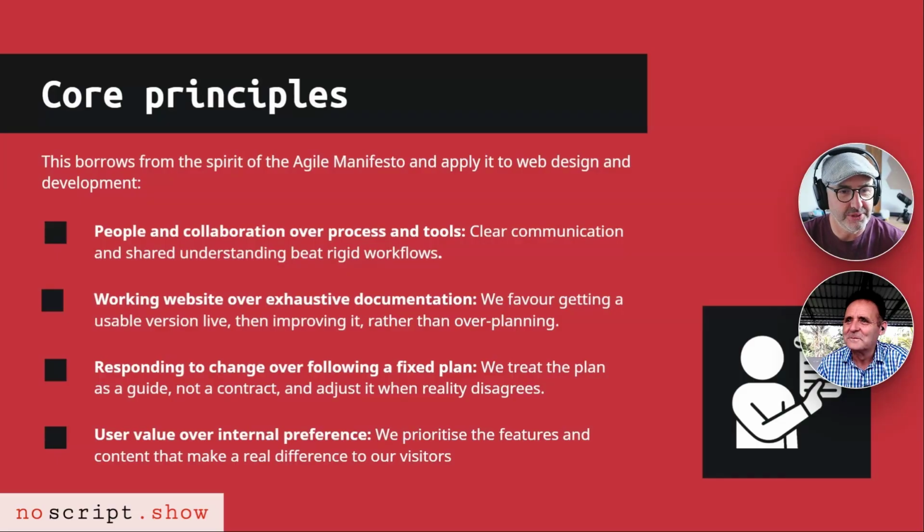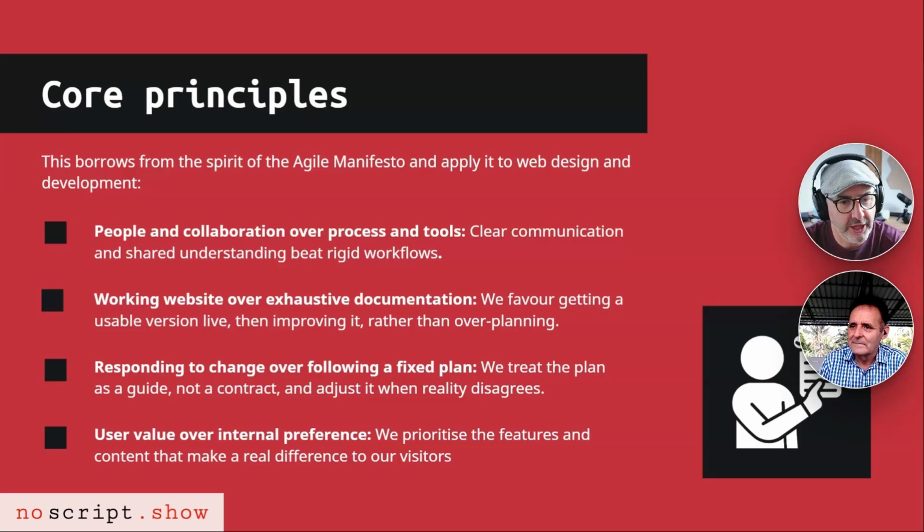Core principles. Here we go. So this is a new slide. This borrows from the spirit of the Agile Manifesto and applies it to web design and development. So 4 bullet points here. People and collaboration over processes and tools. This is what we talked about just a moment ago. Clear communication and shared understanding beat rigid workflows. That makes sense. Working website over exhaustive documentation. We favor getting a usable version live, then improving it rather than over planning.